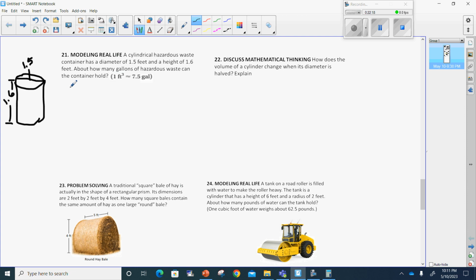Well, let's solve the formula. Remember, the formula for a circle is pi r squared. We have to multiply that to the height. The radius is 1.5, so now we've got 3.14. Going to multiply that to 1.5 squared, and then we're going to multiply that to the height, which is 1.6.